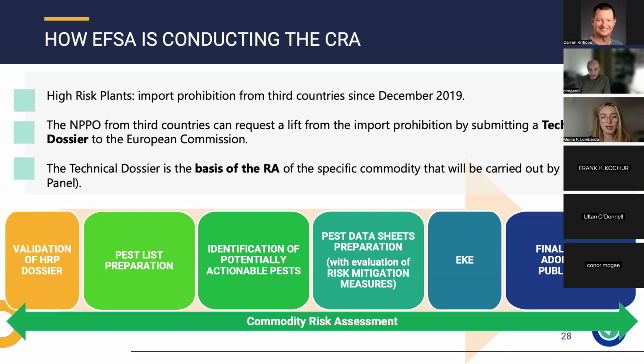The National Plant Protection Organization, the NPPO, from a third country can request a lift of the import prohibition by submitting a technical dossier in which they express their interest in exporting a specific plant commodity into the EU. The dossier is then sent to the European Commission, and this dossier is the basis of the risk assessment.